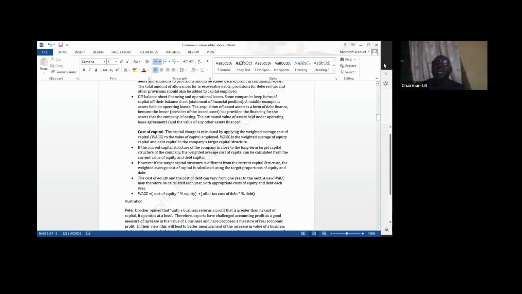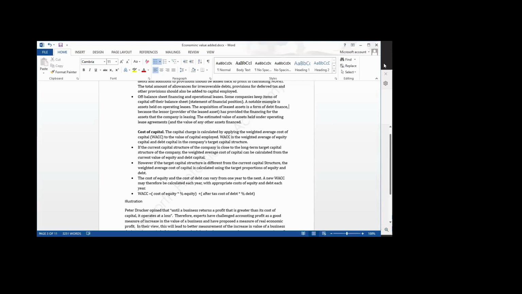If you can explain those items better, so that in case this particular one you give is not given, how do we identify those kinds of items?